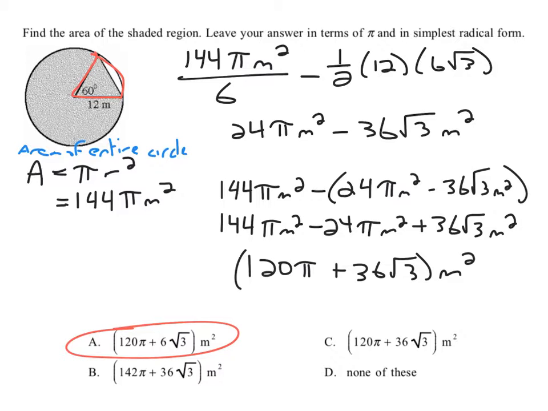This is the area of the red sector, and this is the area of the triangle, and so by doing this portion right here, you find this, which I'll label as the area of the unshaded portion.